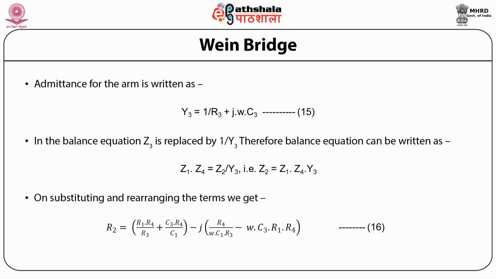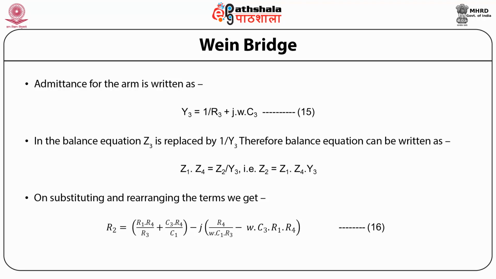On substituting and rearranging the above terms, we get R2 = (R1·R4/R3 + C3·R4/C1) − j(R4/(ωC1R3) − ωC3R1R4).